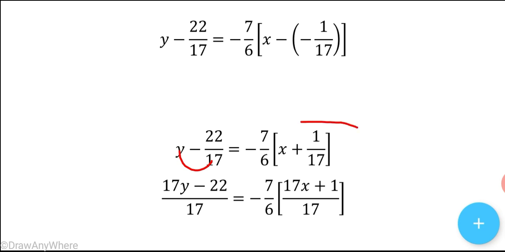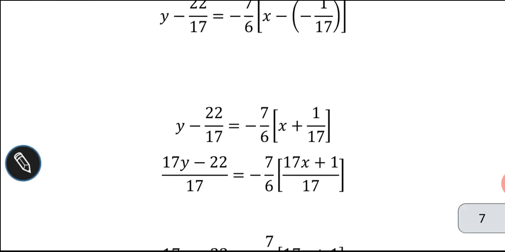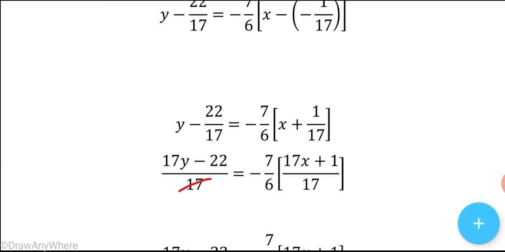Here also take the LCM: 17 into x gives 17x plus 1, the whole divided by 17. Now cross out this 17 and this 17. We can cancel these two 17s on both sides.